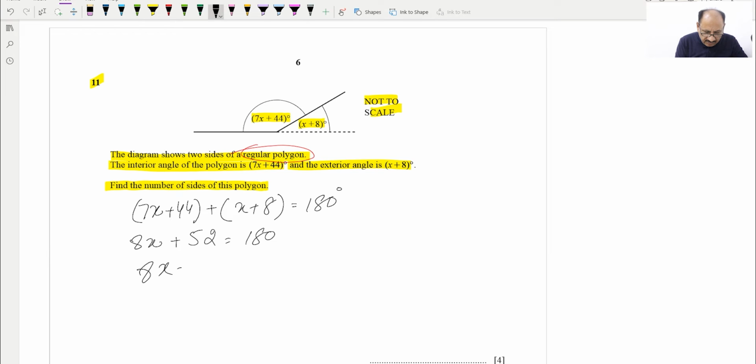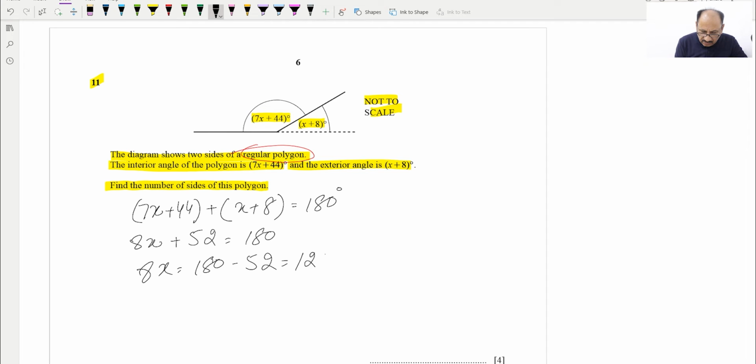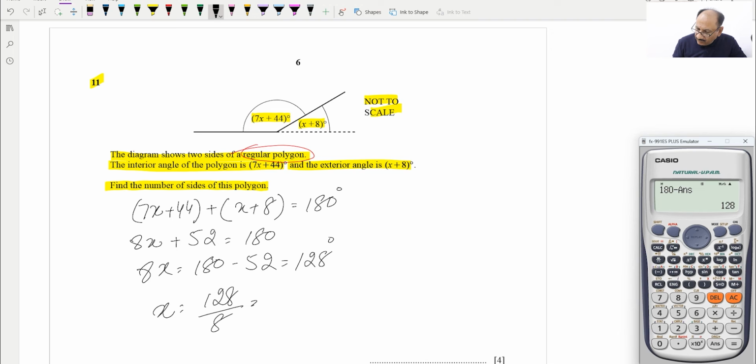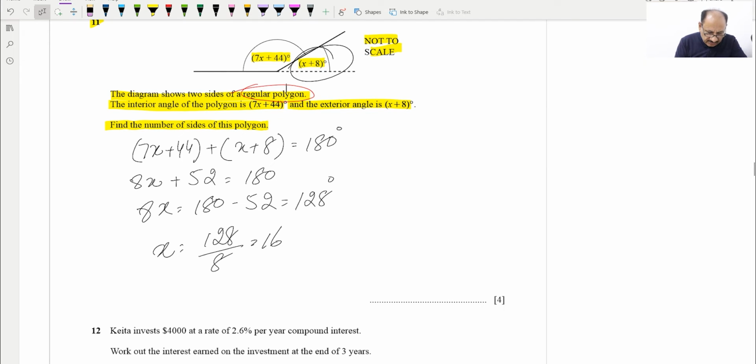So 8x will be equal to 180 minus 52, which is 128 degrees. x will be equal to 128 over 8, which is 16. So the x value is 16. Now that we have x equal to 16, we can find the exterior angle. The exterior angle is this one, so first we will find the exterior angle.